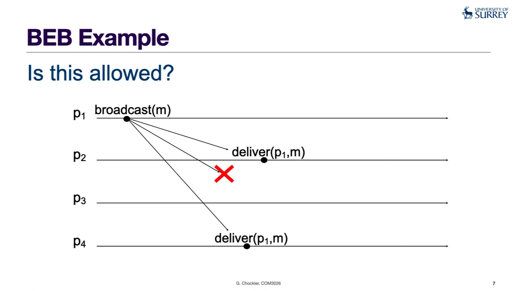Let's take a second to think about it, and the answer is, of course, no. This behavior is not allowed because the validity property requires that every message broadcast by a correct process is delivered by all the correct processes. And all processes in this example are correct because we don't have any red crosses on their timelines. Therefore, it is not allowed for a message not to be delivered by some of the processes, like P3 and P1.